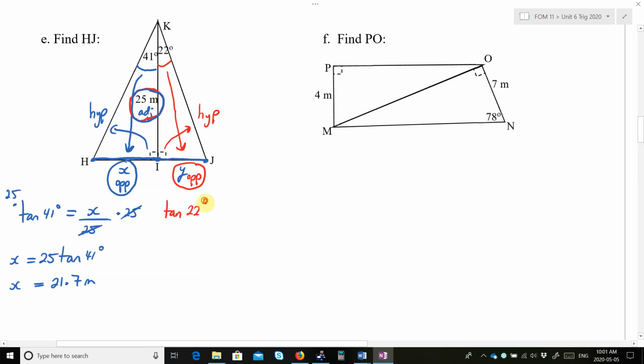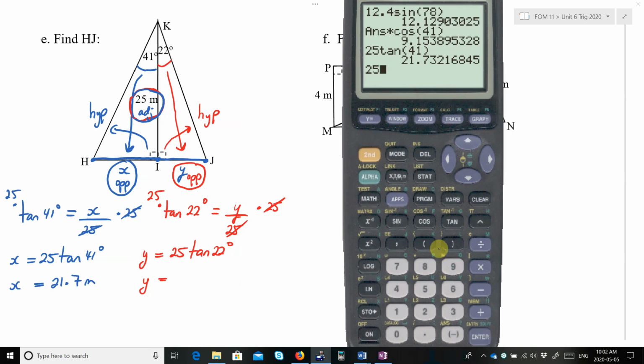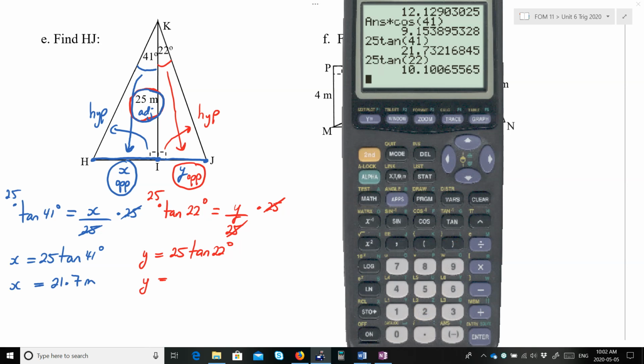So I would go tan of 22 degrees is equal to, the opposite is y, the adjacent is 25. Multiply both sides by 25. y is 10.1.